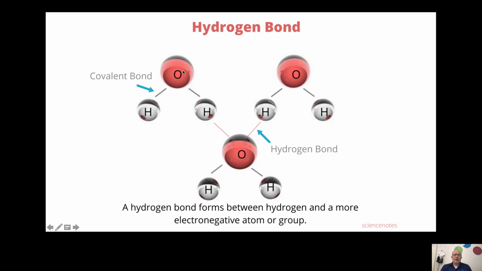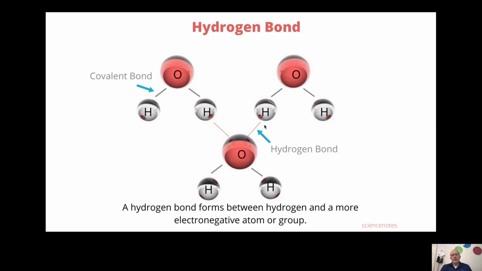Water, you can see here, has a negative side and a positive side. The positive side is attracted to the negative side of another water molecule. So what ends up happening is you have what are called hydrogen bonds, between the negative side of the oxygen and the positive side of the hydrogen.